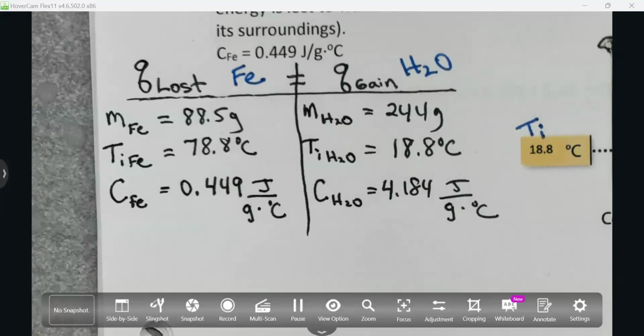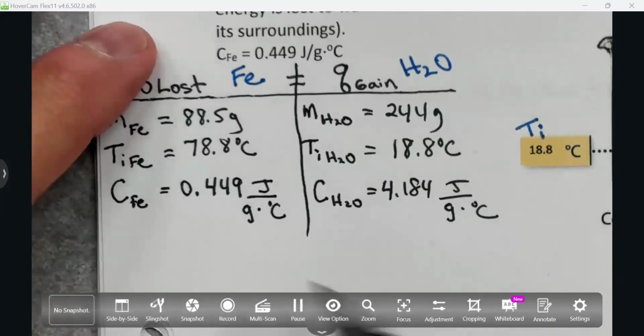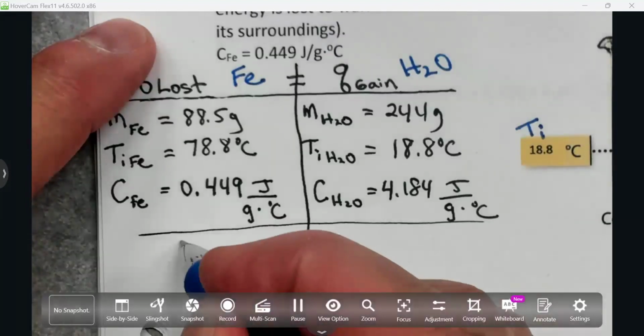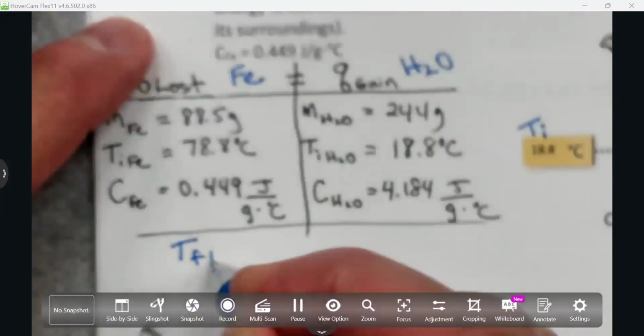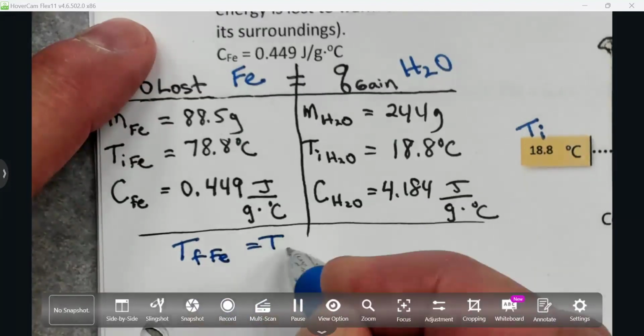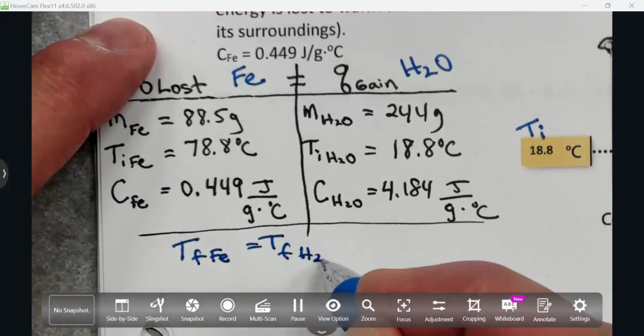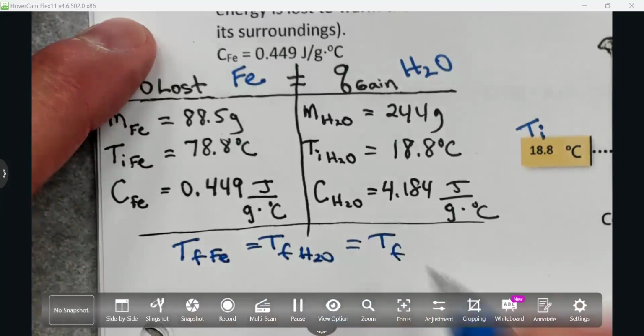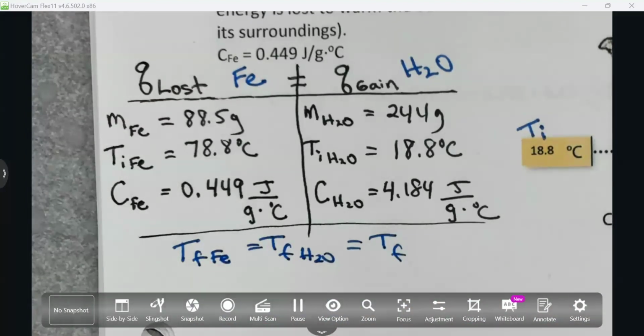And then my final temperature is going to be the same for both, right? My final temperature is going to be the same for both. So I'll just say that T final of the iron equals T final of the H2O. Let's just call this T final. That's what we've got to solve for.